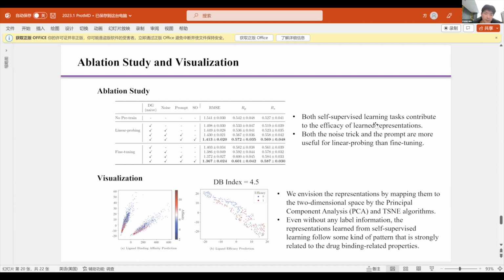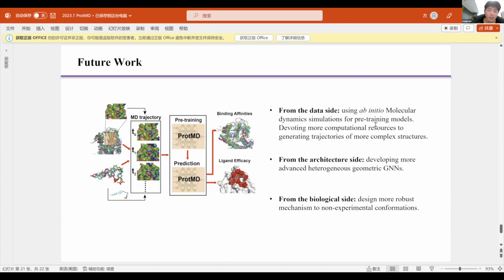In the two plots below, we visualize the representations by mapping them to 2D space by PCA and t-SNE algorithms. Even without any information, our learned representations follow patterns that are strongly related to drug binding related properties.